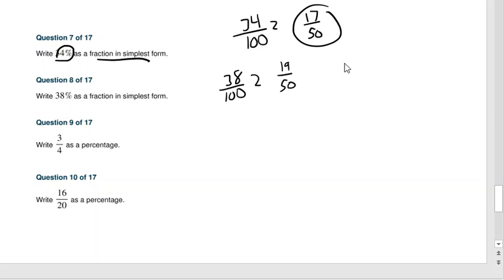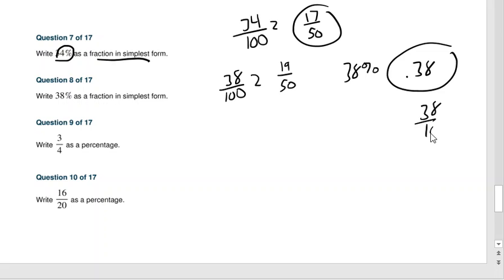Another way you could think about this is if you have 38% and you change that to a decimal, that's going to be 0.38. And then to write this as a fraction, you say it and then you write it. So this would be 38 hundredths, which is 19/50. So either way, you get the same answer in the end.